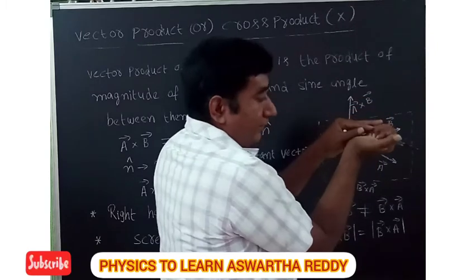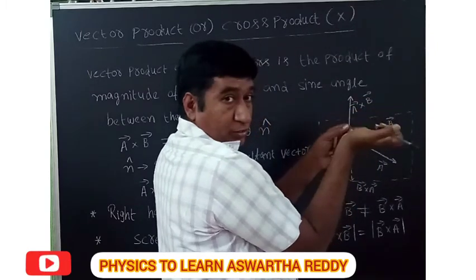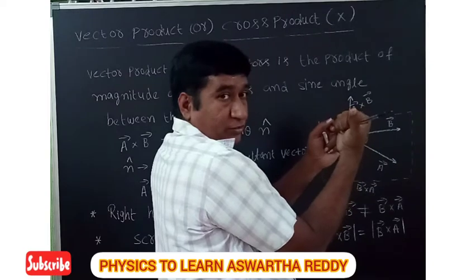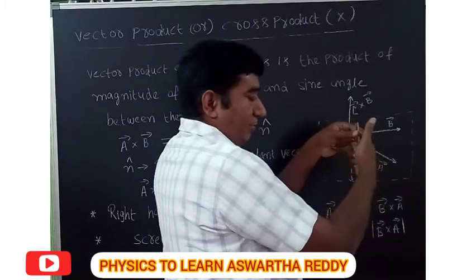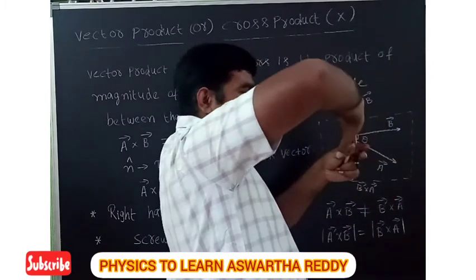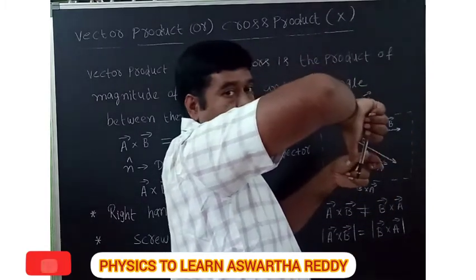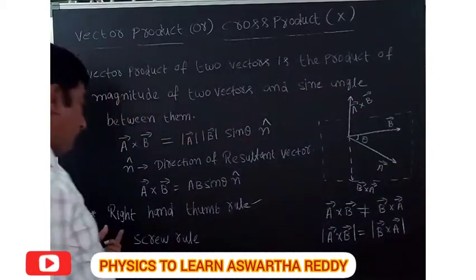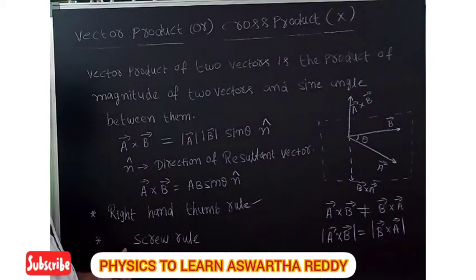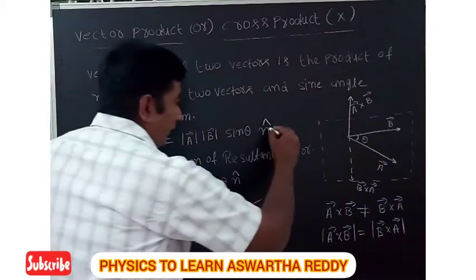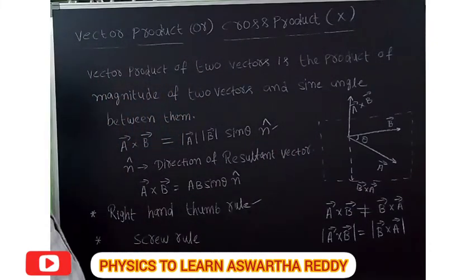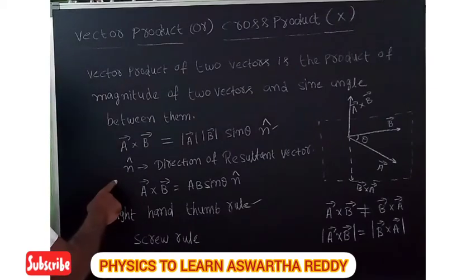If I take it the other way, which I am going to change, both will be the same: the right hand thumb rule as well as the screw rule, which will represent how to find the direction of the resultant vector, which we are using as n cap. So this is regarding the definition and how we can find the direction.